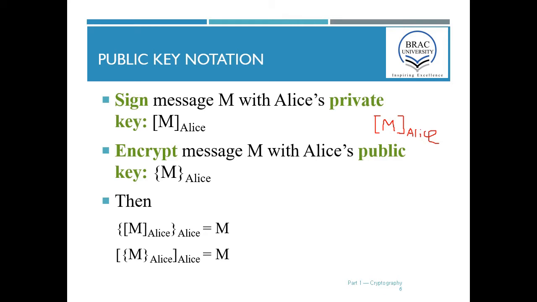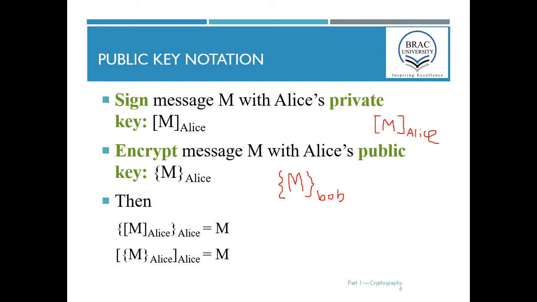Similarly, if we write this curly bracket, this means we are encrypting this message with Bob's public key. If we write curly bracket M Alice, that means we are encrypting message M with Alice's public key.